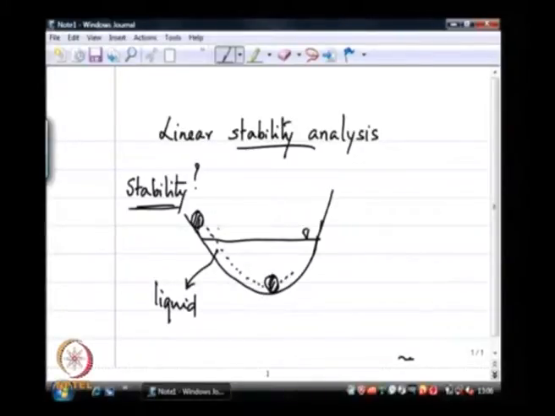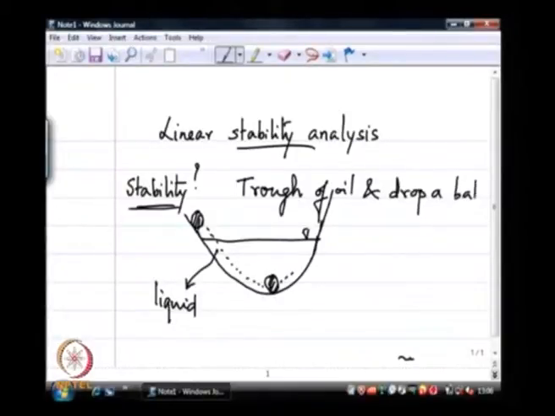So, if I take a trough of oil, then this is going to come to rest, and this is what we call the equilibrium condition.